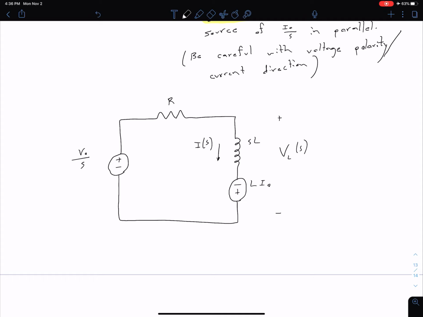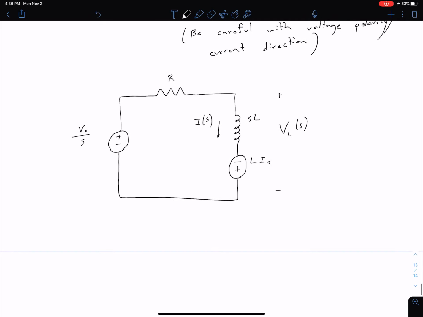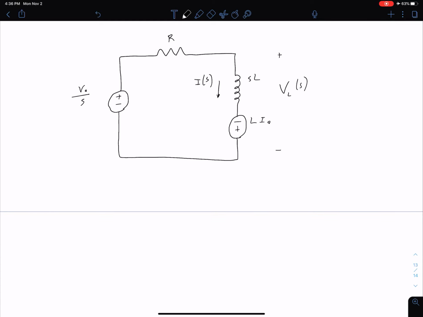So as advertised, if we want to analyze this with our mesh current, we can see it's just one mesh. So we're just going to have one mesh equation. If we write our equation around the mesh, or more simplistically, we can just say KVL around this loop. We can start at any point, go in either direction, but let's say we start here and go in a clockwise direction.